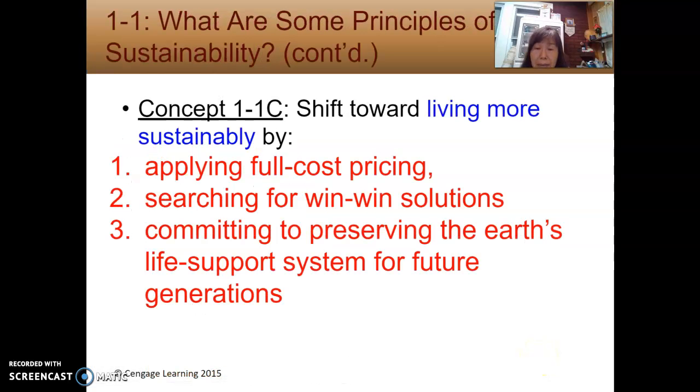And concept C mentions how we can shift towards living more sustainably by practicing 3 things: apply full cost pricing, search for win-win solutions, and commit to preserving the Earth's life support system for future generations.